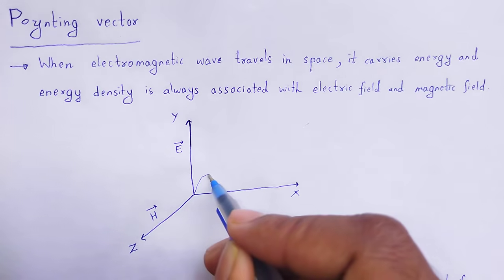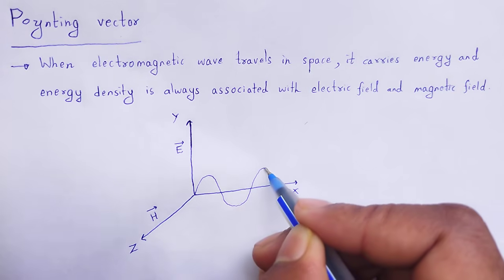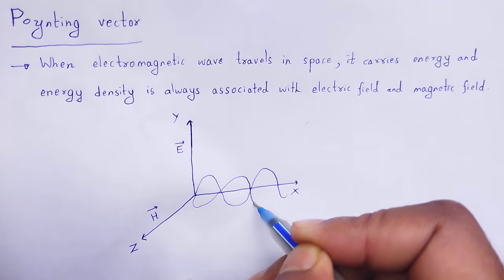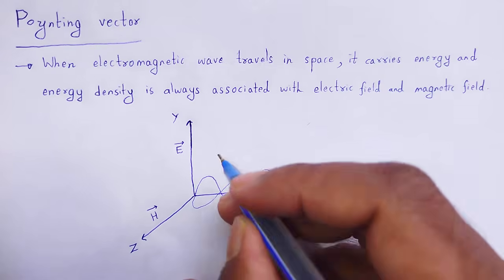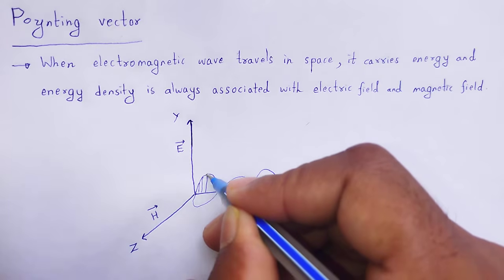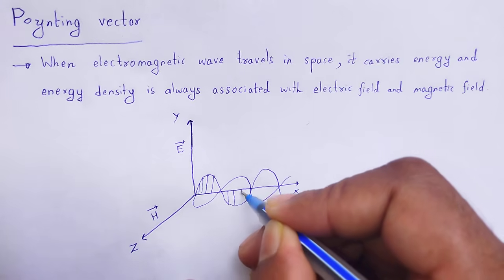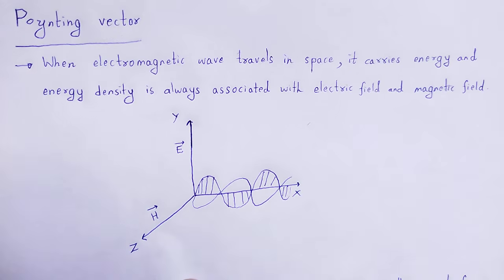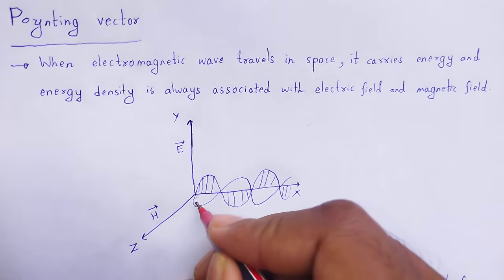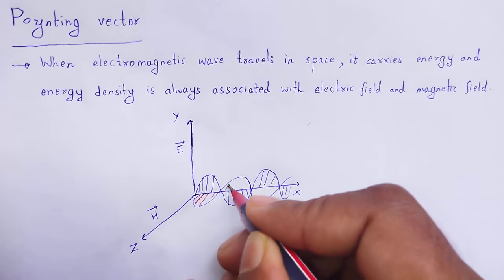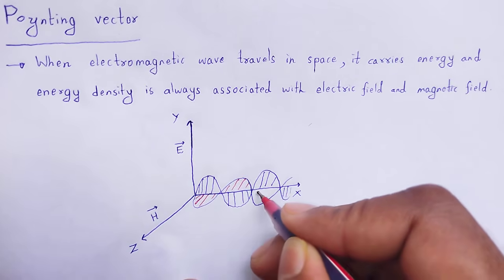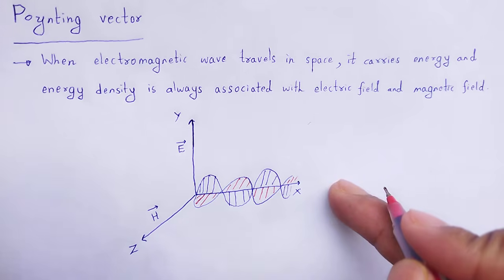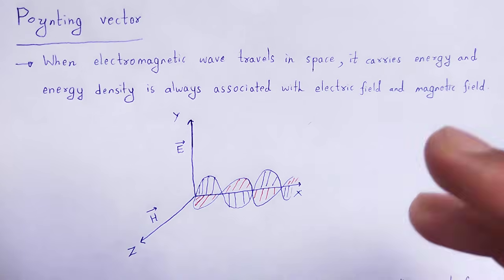So, E vector and H vector, and here is the S vector, along the x direction, so the propagation of electromagnetic waves.